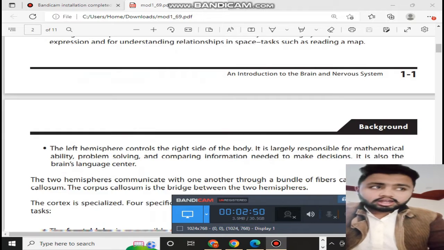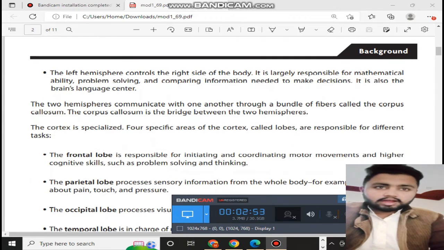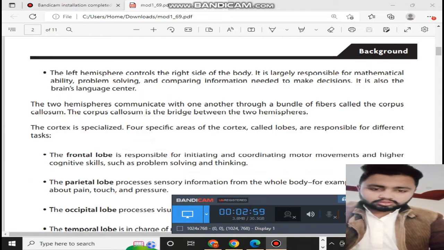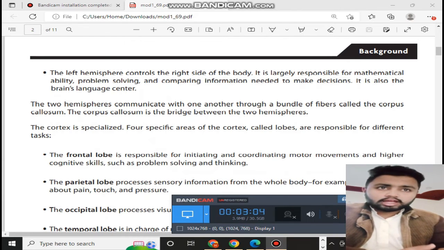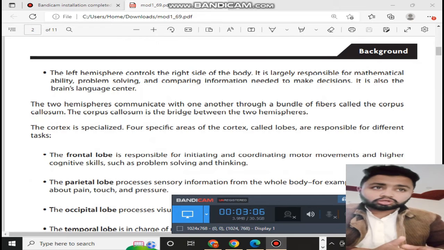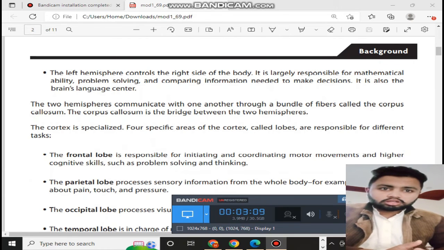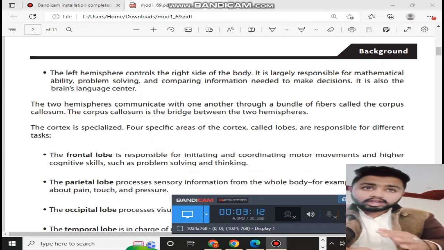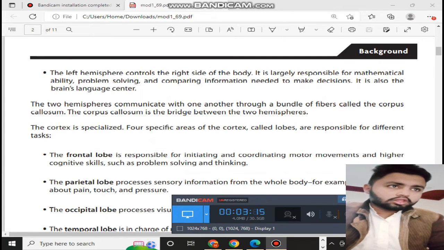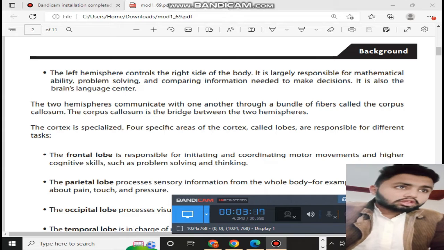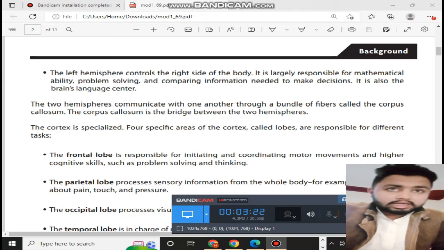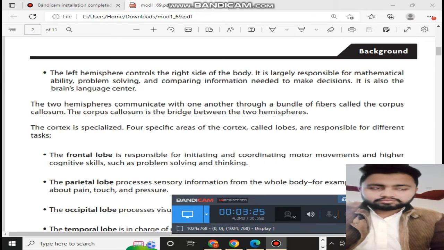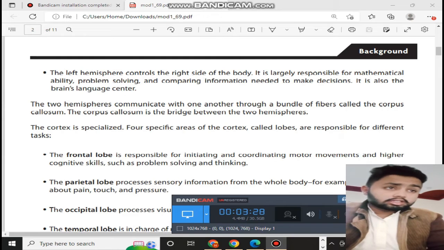And now we are studying the left hemisphere. What is the left hemisphere? The left hemisphere controls the right side of the body. Basically, the right hemisphere controls the left side of the body, and the opposite, the left hemisphere controls the right side of the body.